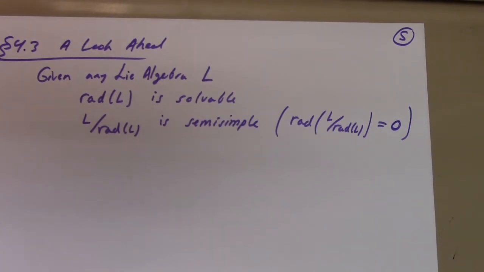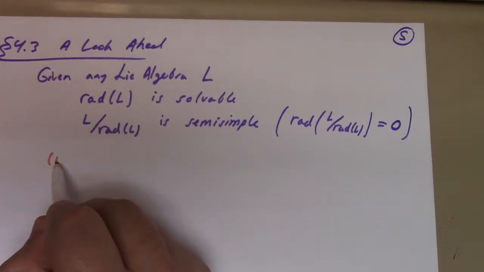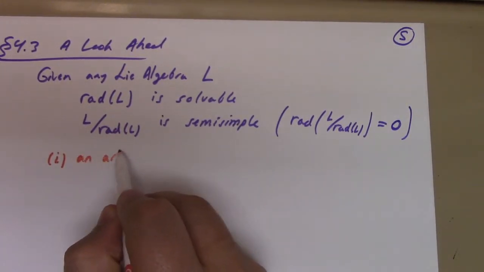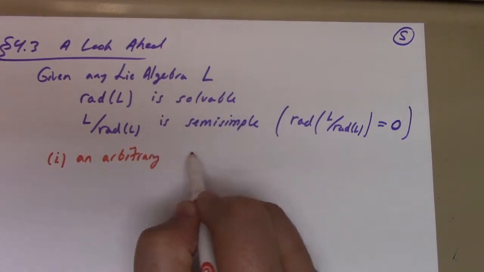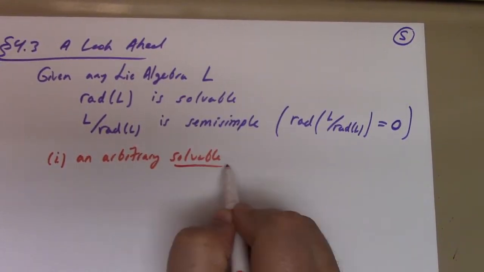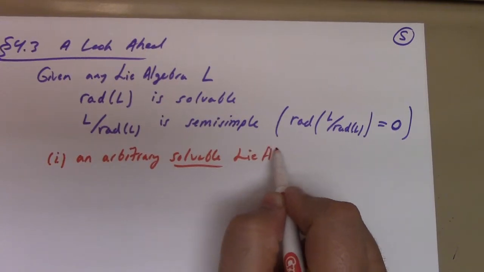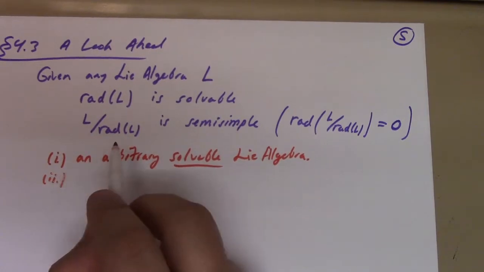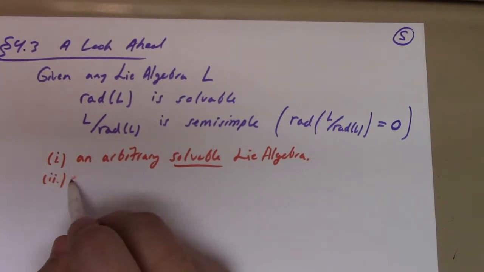So no interesting solvable ideals in the semi-simple case. So what he says then is, to understand L, it's necessary to understand two things. Number one, an arbitrary solvable Lie algebra. And number two, an arbitrary semi-simple Lie algebra.